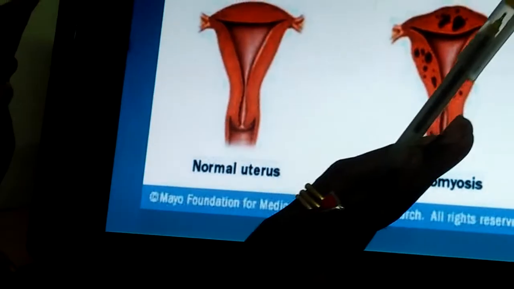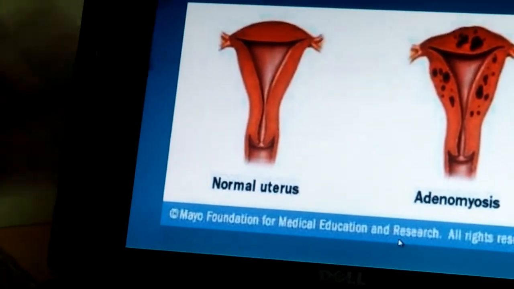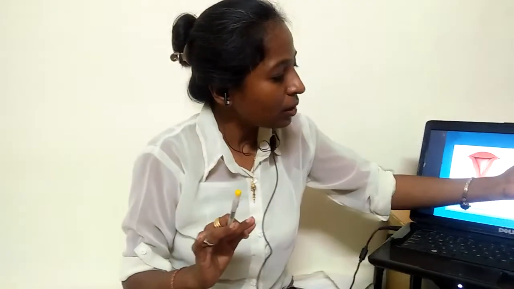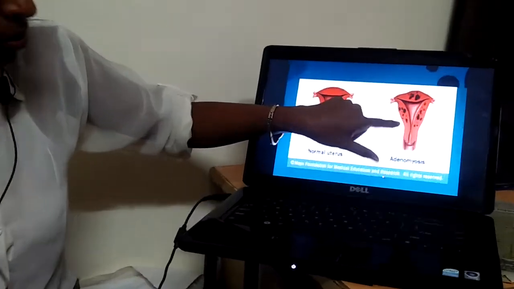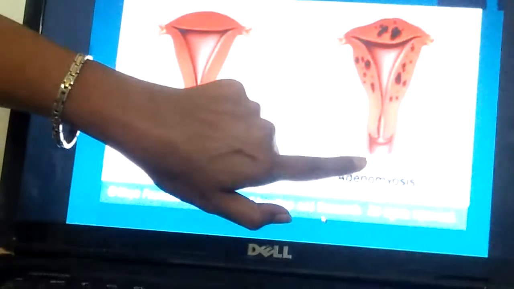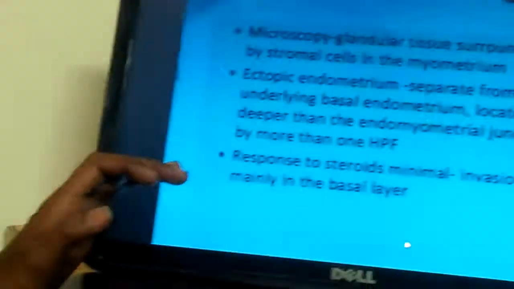There is no problem with the HPO axis, that is hypothalamus pituitary ovarian axis, so the cycle is normal. When the uterus contracts during menstruation, it compresses and leads to dysmenorrhea. That is the common presentation.